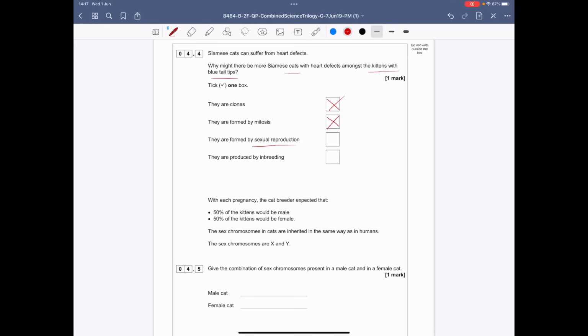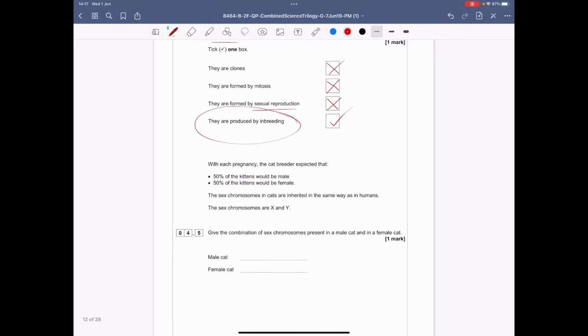Just because they're produced by sexual reproduction wouldn't necessarily increase their heart defects, but it's because they're produced by inbreeding. If you've got constant inbreeding happening over several generations, it can cause health effects.